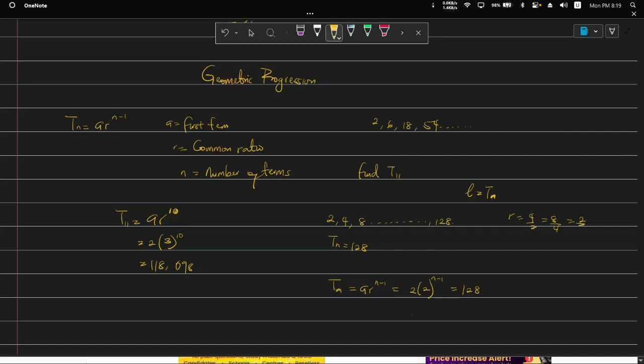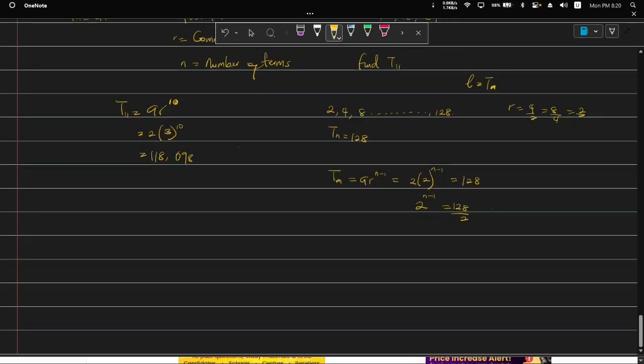So we have an equation here. First, I could divide by 2. I'm going to be having 2 to the power of n minus 1 is equal to 128 over 2, which I can easily see is 2 to the power of n minus 1 is equal to 64. And I can express 64 as a power of 2. So this is 2 raised to the power n minus 1 is equal to 2 raised to the power 6.